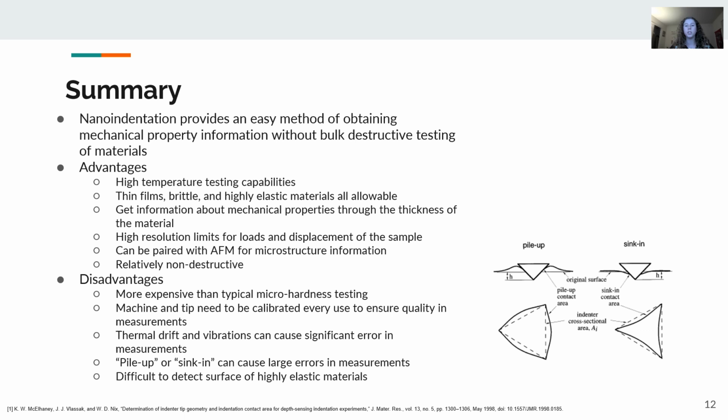This is when the load induced in the material causes the material to either pile up around the indenter or sink in around the indenter, which causes incorrect calculations on your contact area. And pile-up is typically seen in low work hardening materials, while sink-in is most common in high work hardening materials. And then finally, it could be difficult to detect the surface of highly elastic materials, but more research is being done on trying to correct for that.